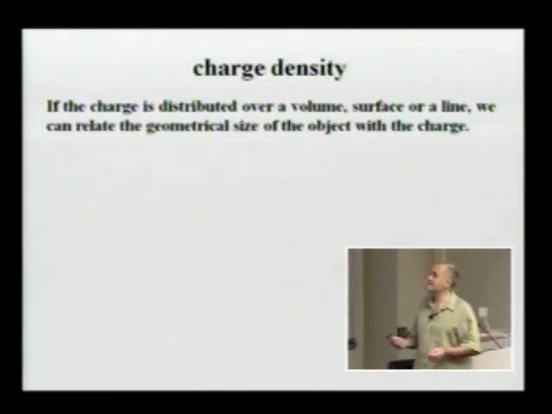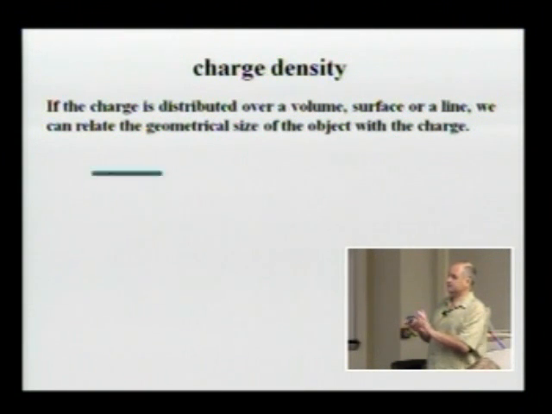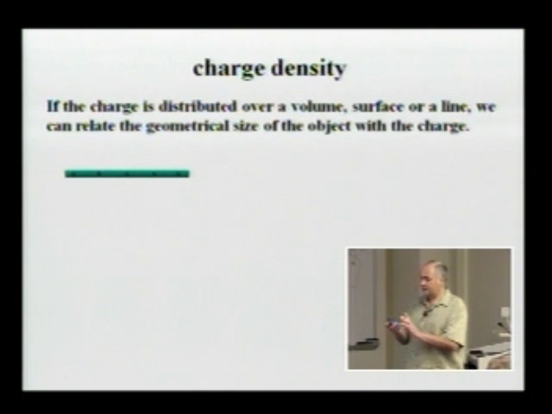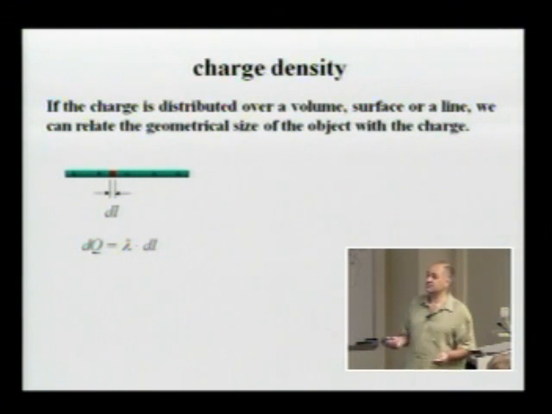Now, depending on the shape, we relate it either to the size or to some kind of geometrical dimension. If we have an object which is very thin and long, we can introduce a concept referred to as linear charge density.